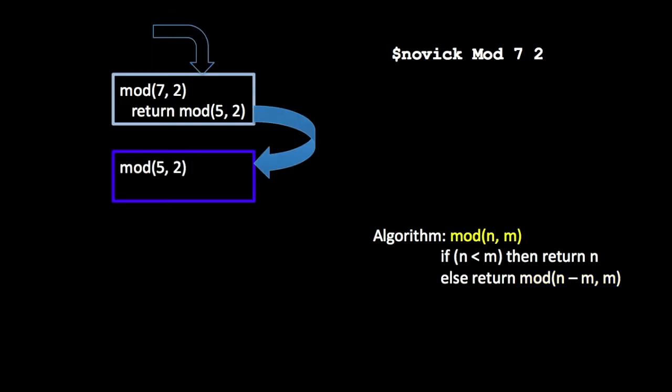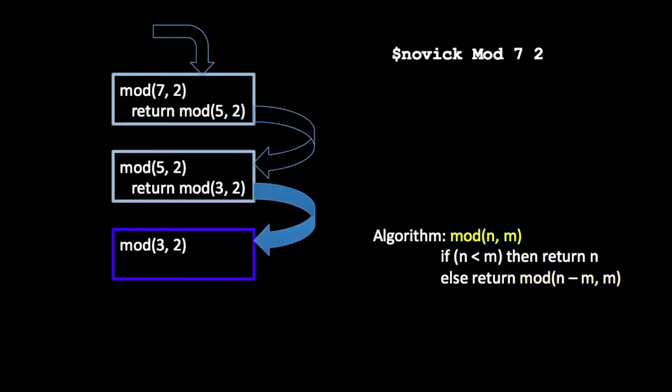We'll create a new copy of the algorithm, 5, 2, and the first thing it will do is check to see if 5 is less than 2. Well, 5 is not less than 2, so we're not at the base case. Instead, we're at the recursive case, and it will return mod of n minus m, that is 5 minus 2, that's 3, so mod of 3, 2.